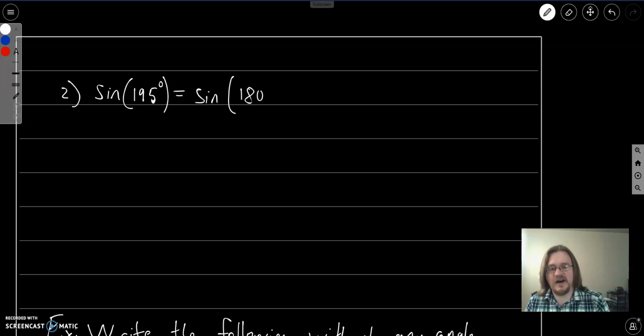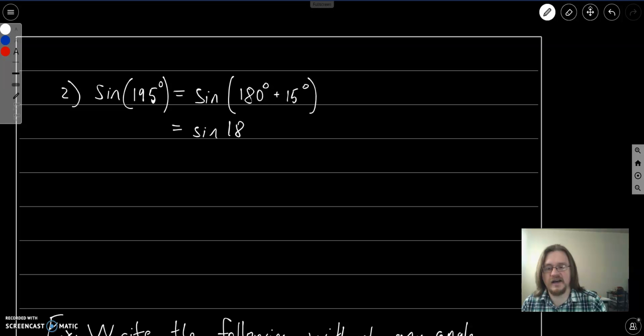So I can take out 180 degrees and rewrite this as 180 degrees plus 15. 180 degrees is one of these ones that's fairly straightforward to take because it's a multiple of 90. It's 0, 90, 180 degrees, 270, 360. These are fairly nice.